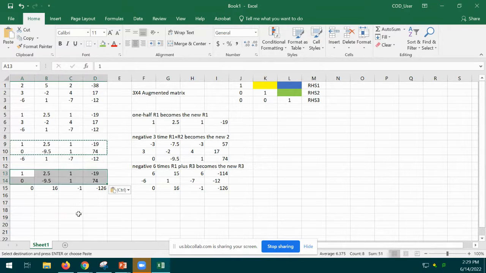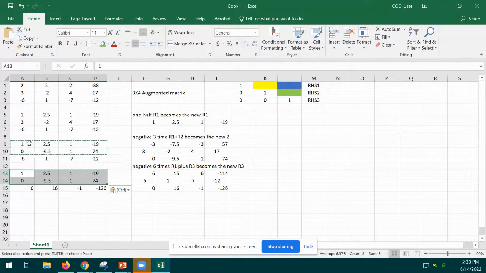Wasn't the 6 supposed to be negative? Well, the 6 was negative at the beginning of the problem, but now I come to this step. I'm down here where I'm wiggling the cursor. And by the way, you might be right.